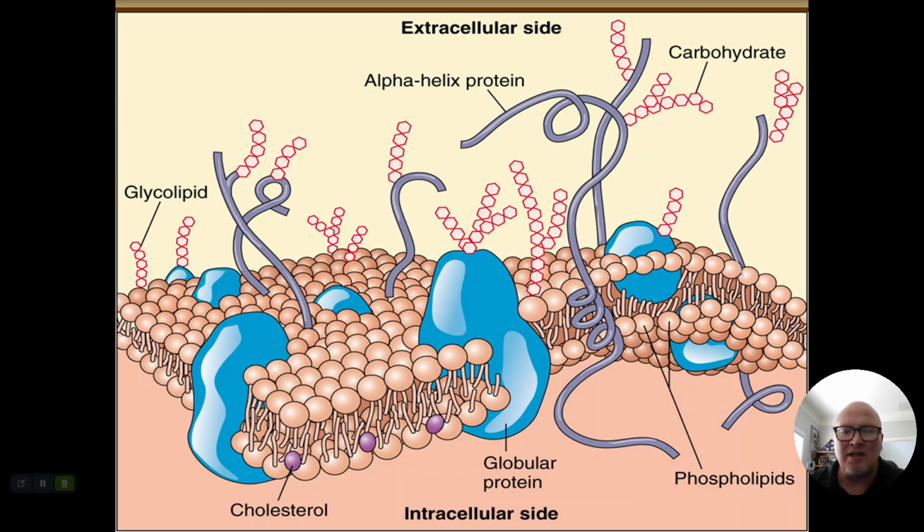So this is a diagram of a cell membrane. Remember, all cells have cell membranes, and this will get us into our cell lecture, which will be coming up next.